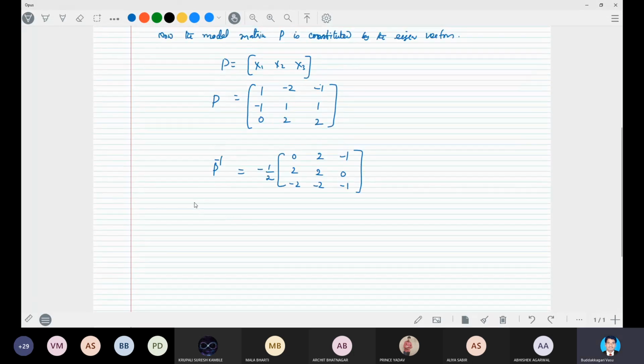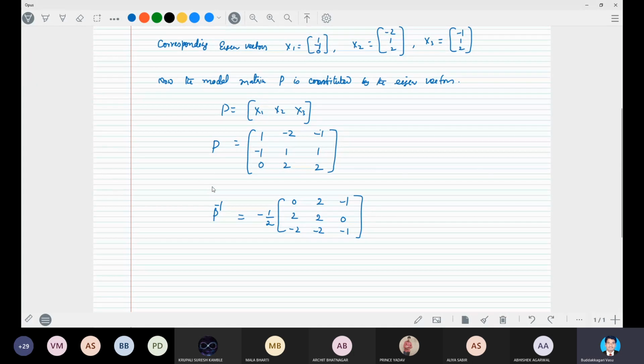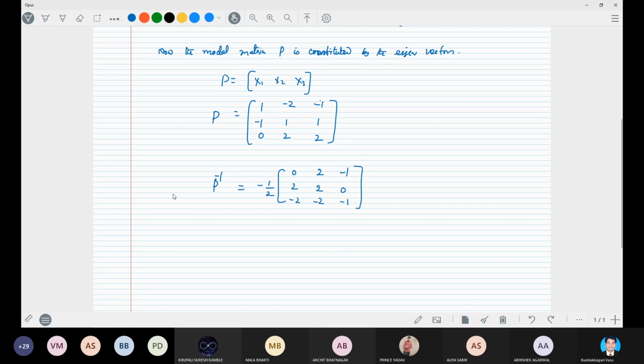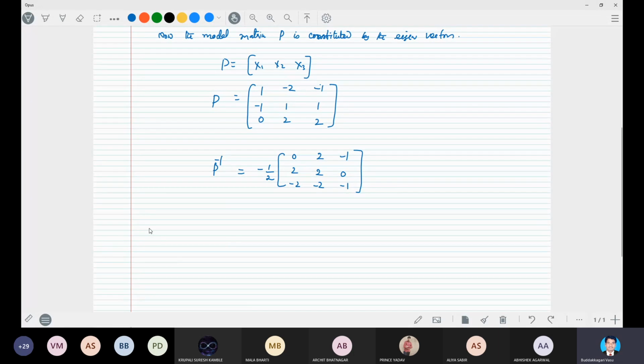Okay, so now how can we diagonalize the matrix A? P inverse AP. Very good.